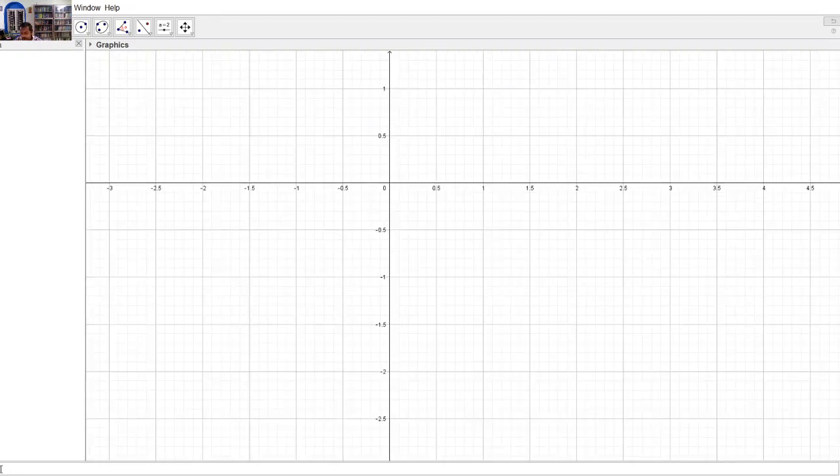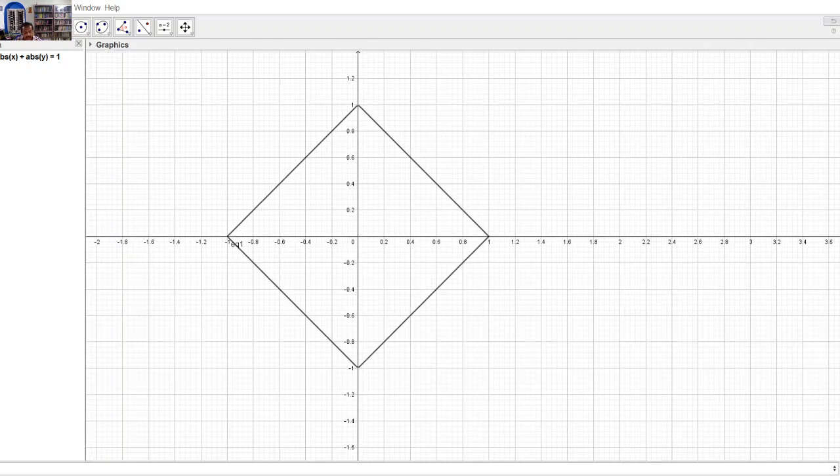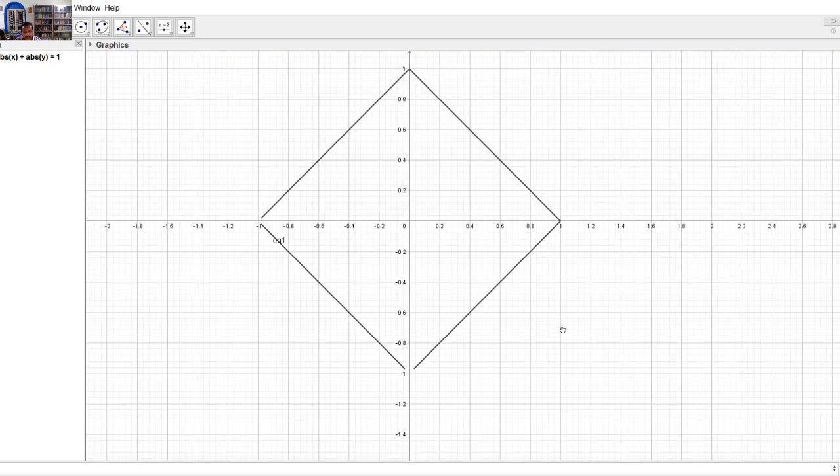So put modulus of x plus modulus of y, that is equal to 1. You can see in the algebra section absolute value of x plus absolute value of y is equal to 1. So this is your unit circle in R2 with 1 norm.